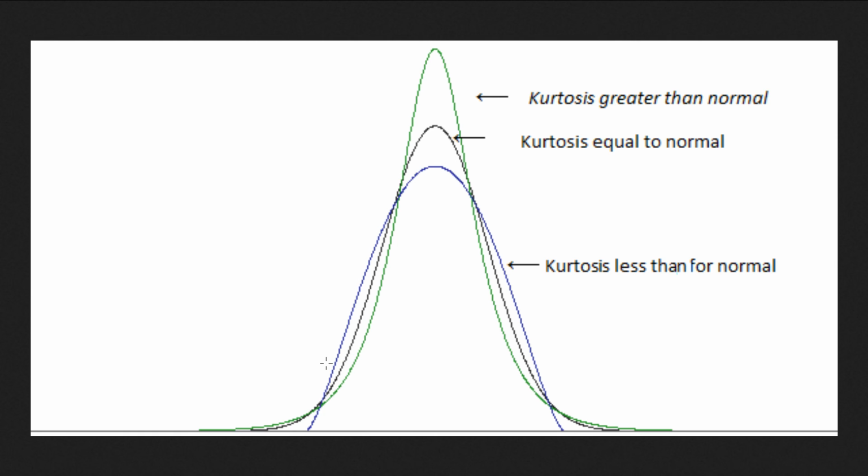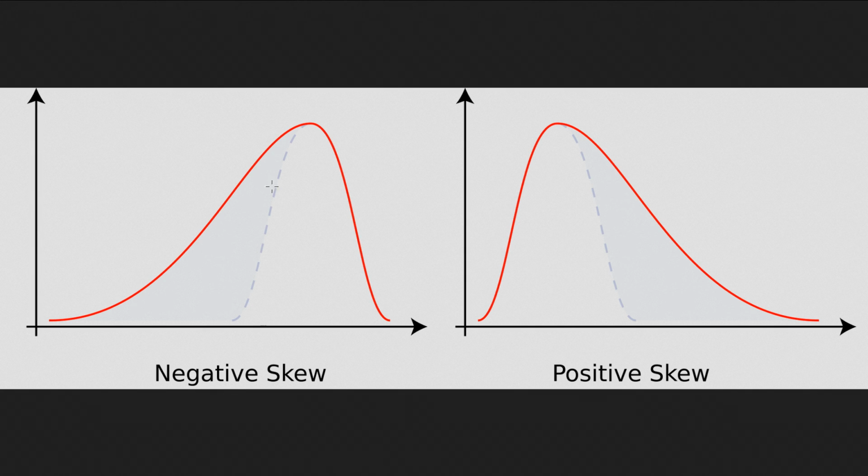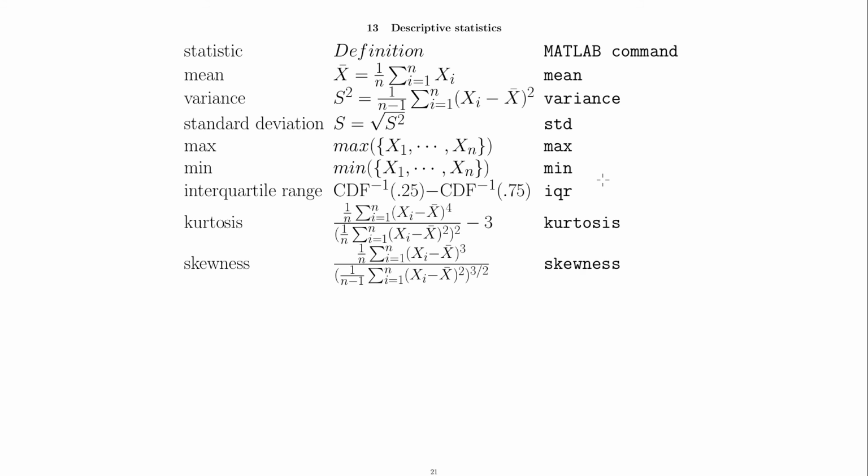That's what we mean by the tailedness of a distribution. And lastly, we have skewness, which has to do with the symmetry of the distribution. In this case, over here, we see something that is negatively skewed, i.e. it has more probability at lower values, and positive skew has more probability at higher values. So those are the measures that we're going to use.